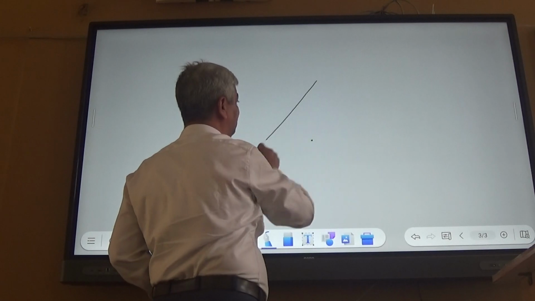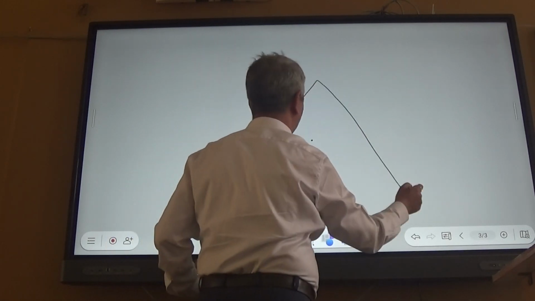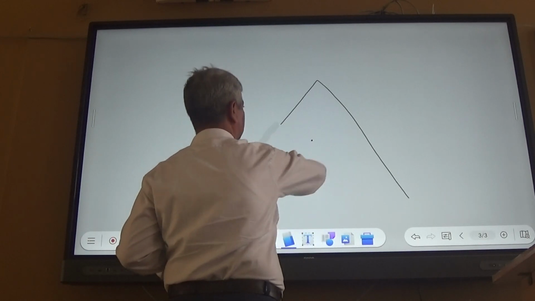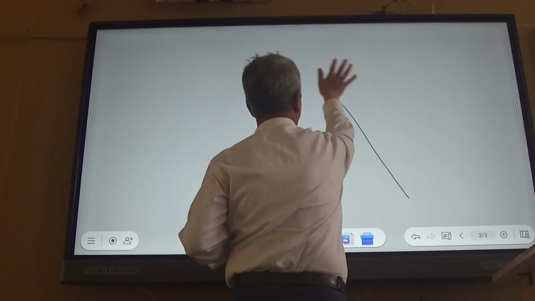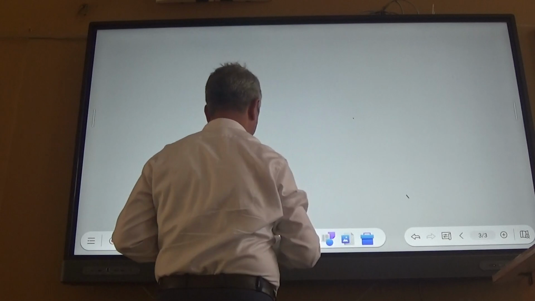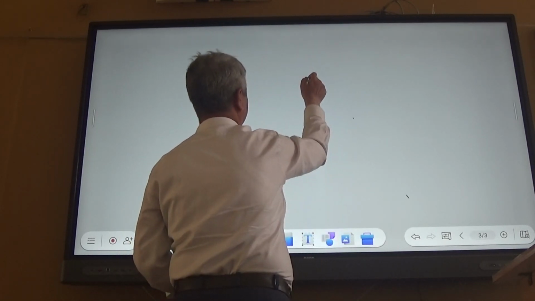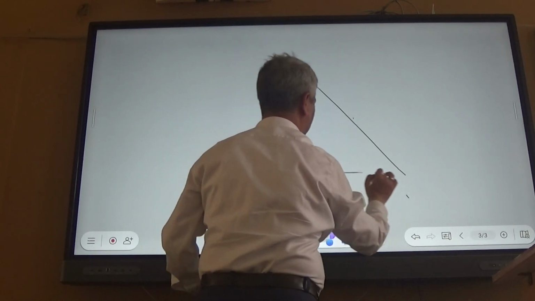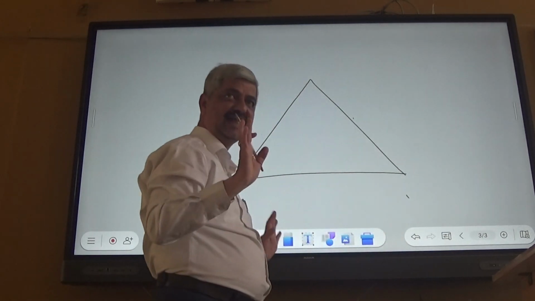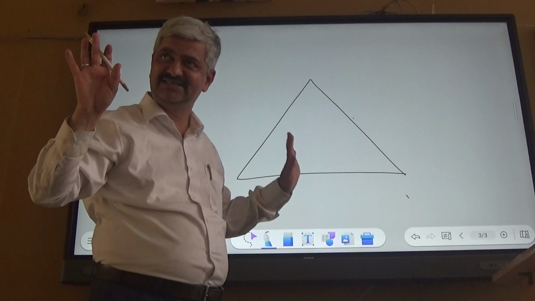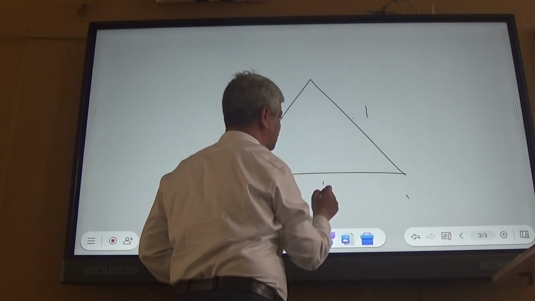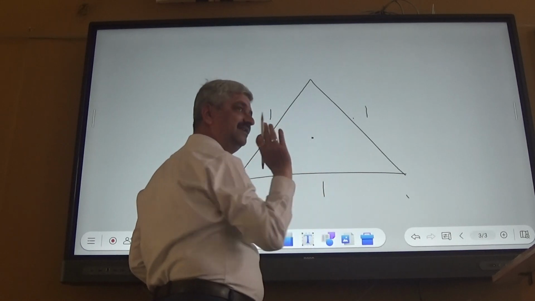There is a triangle with all sides equal. A triangle whose all three sides are 1 and is centered around origin.